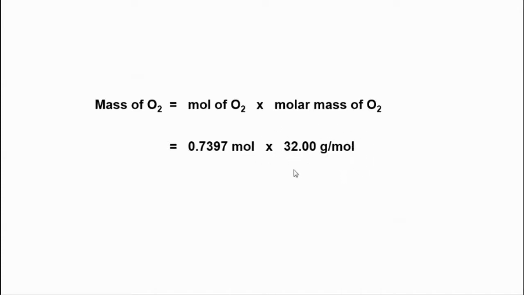This is the molar mass of oxygen, because the oxygen atom has a molar mass of 16, and the oxygen molecule is O2, so 16 times 2 gives 32 grams per mole. You solve this and you get 23.7 grams of oxygen. This is the amount of oxygen needed in the reaction.